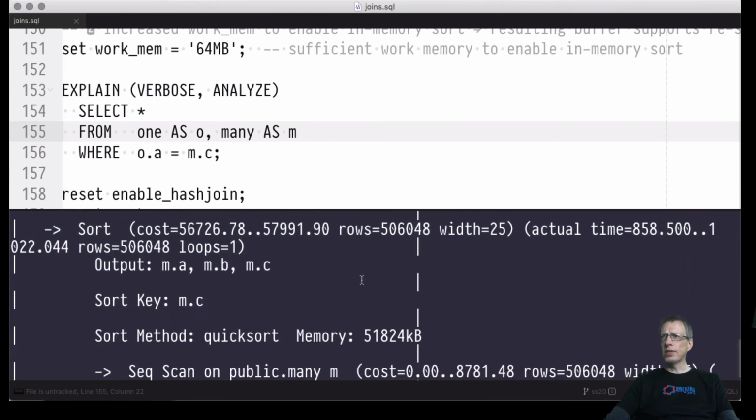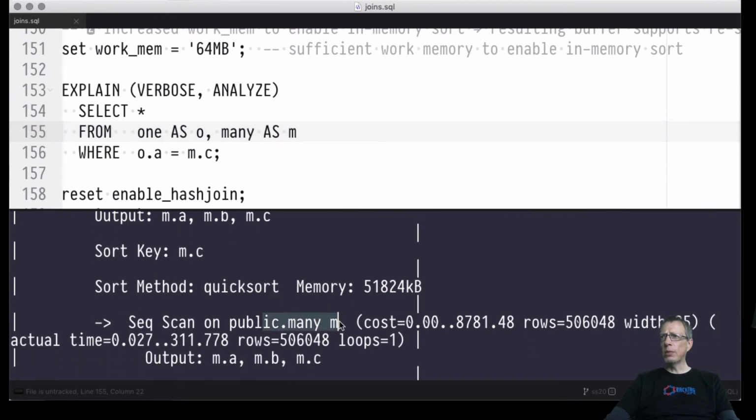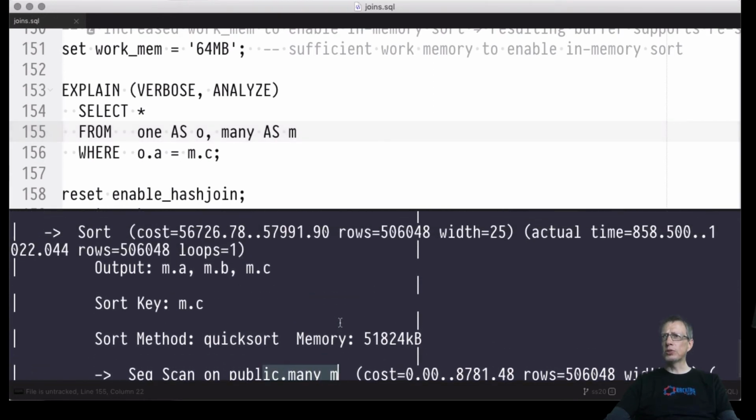On the right-hand side, we are looking at the scan of the many table that feeds its rows into an explicit sort based on the C column, but indeed we can use quicksort here. The quicksort will use 51 megabytes of the 64 available megabytes. That's sufficient. So we can indeed perform quicksort in memory.